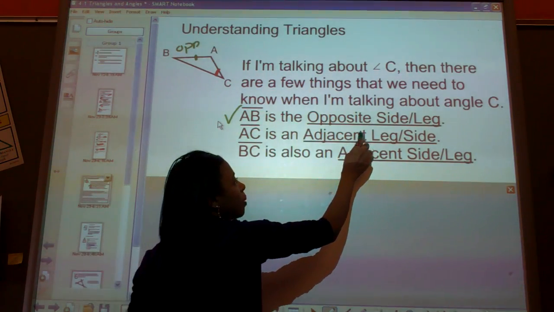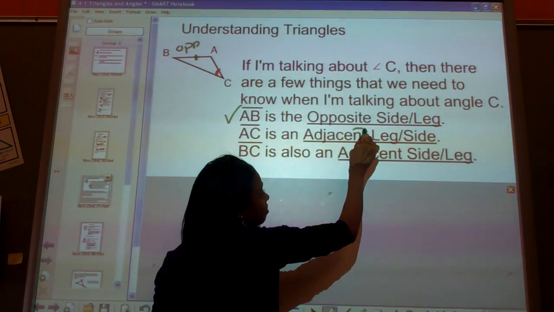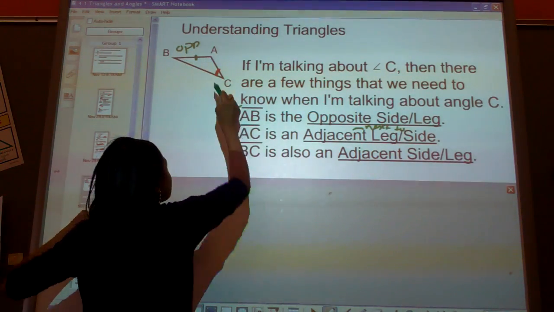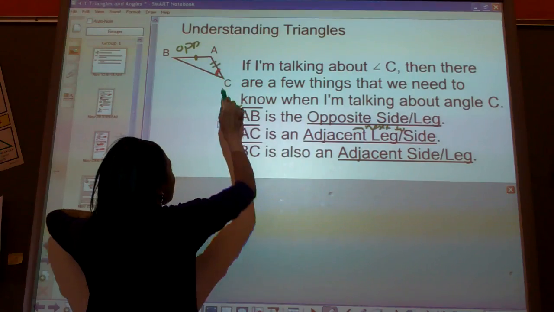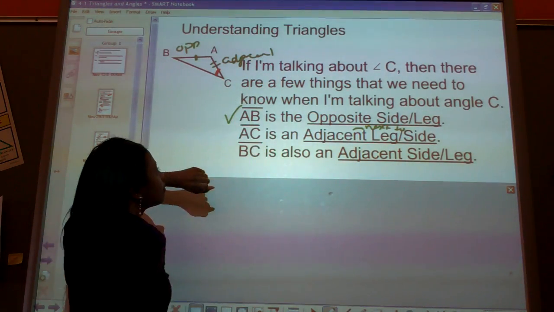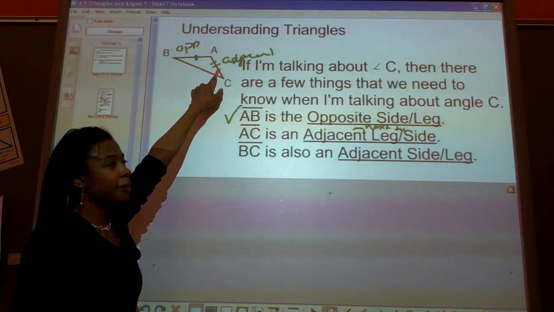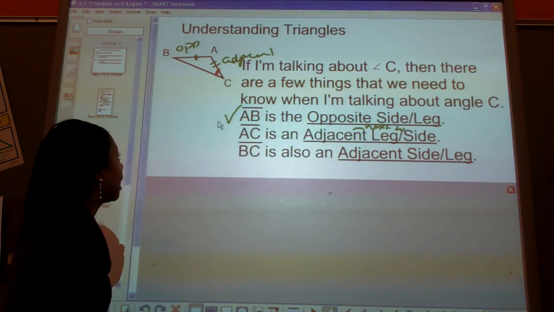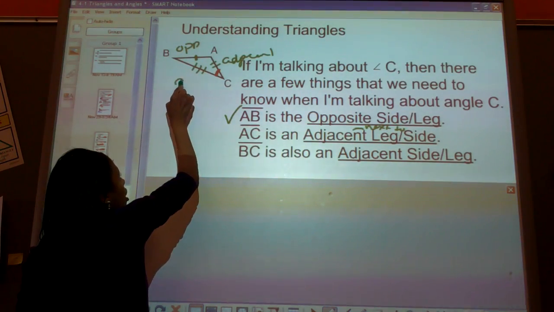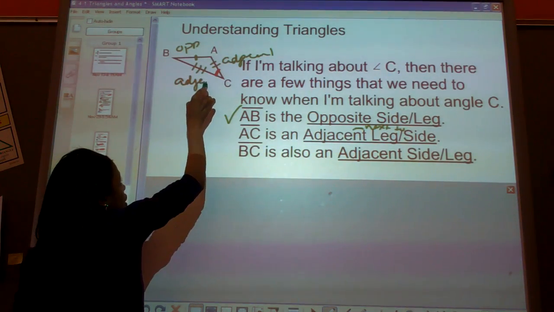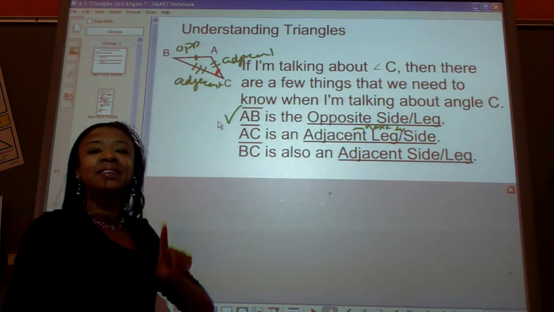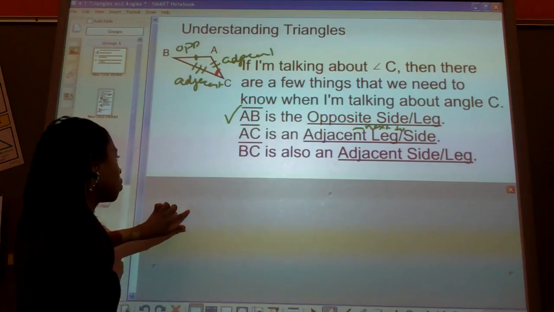We need to remember that the word adjacent means next to. Side AC is going to be adjacent if I'm talking about angle C. If I'm talking about angle C still, that means that BC is also next to, so I call that adjacent as well. That's my adjacent leg, if I'm talking about angle C.